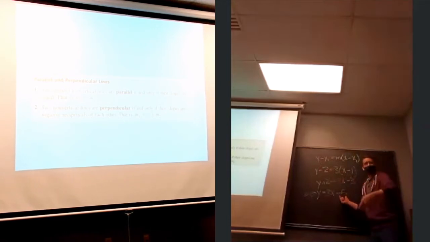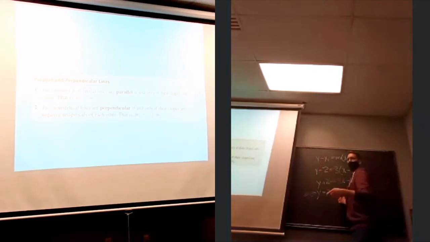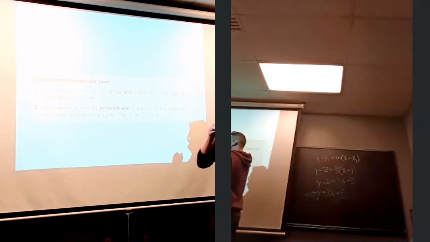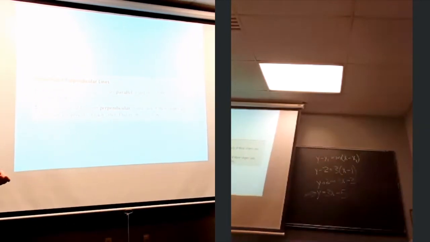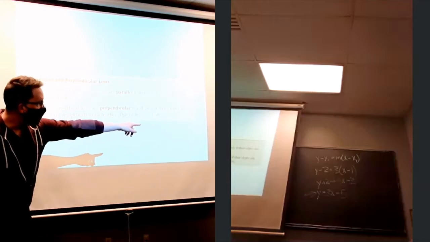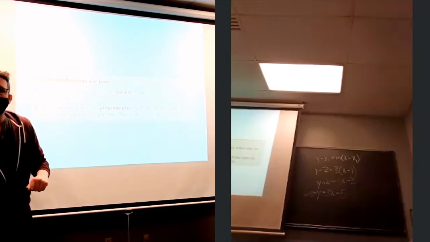Just need to move it up and down. We're not going to change the way it's slanted, because if we did that, then it wouldn't be parallel anymore. So giving you the equation of one line and asking for another parallel line automatically tells you that the only thing you need to change is your b. Make sense?